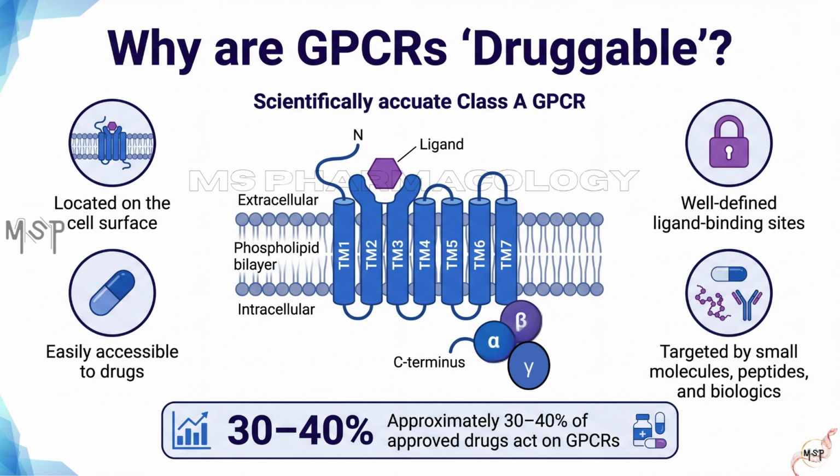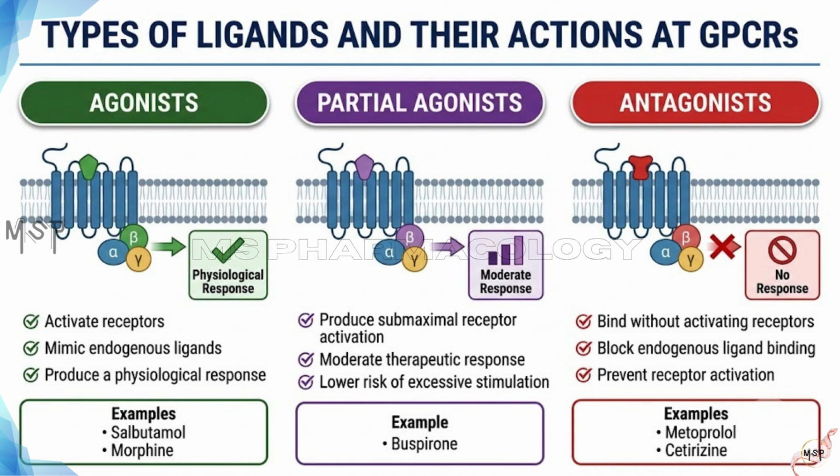Another major advantage is that GPCRs regulate numerous physiological pathways while existing in multiple receptor subtypes. This allows drugs to selectively target a particular receptor subtype, producing the desired therapeutic effect while minimizing unwanted actions in other tissues.